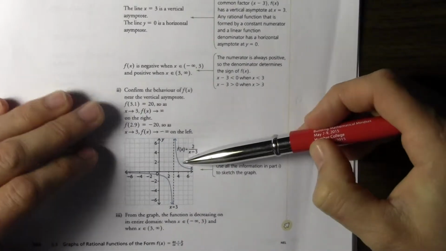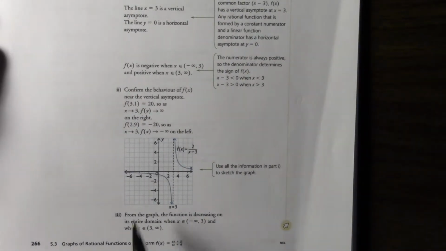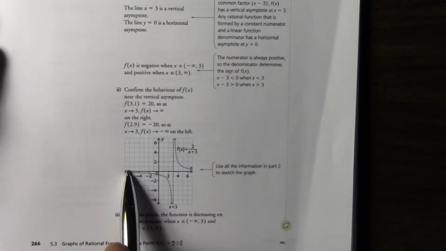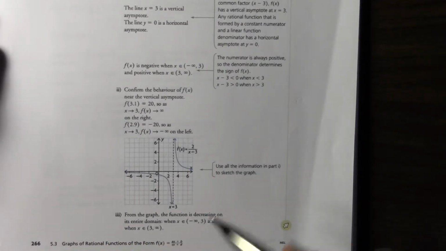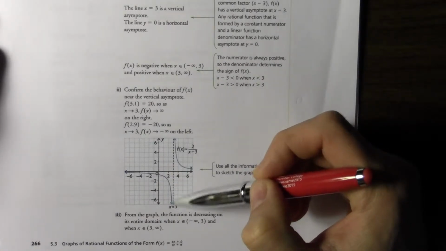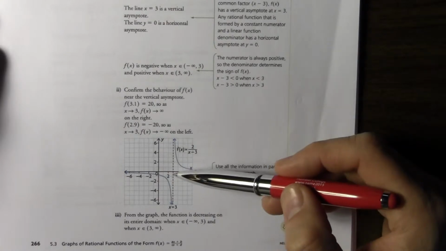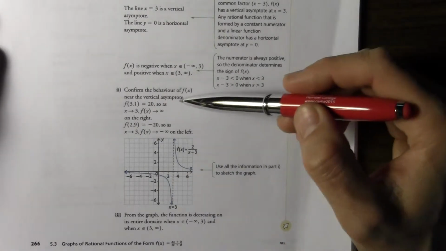Okay. You might argue, looking at this graph, that you know that y equals 0 is a horizontal asymptote. So you could almost already argue that this has to go down because it's not going to cross the horizontal asymptote.